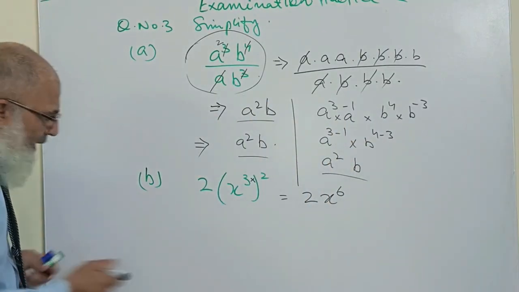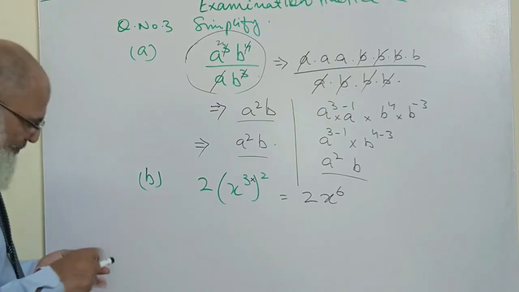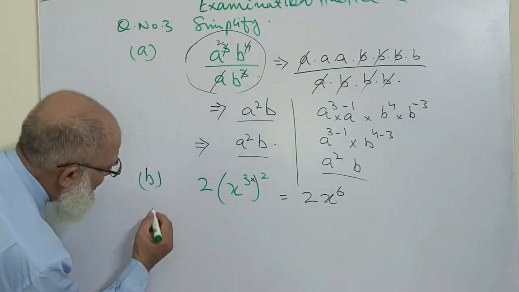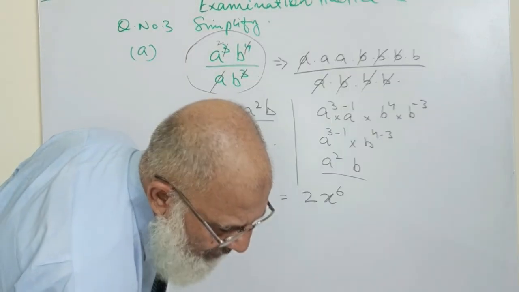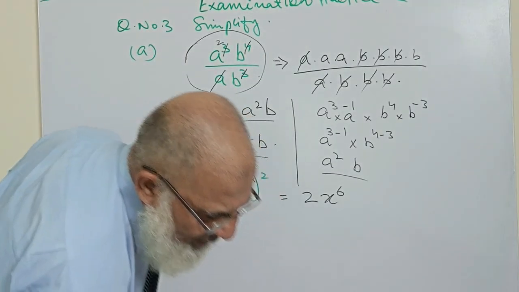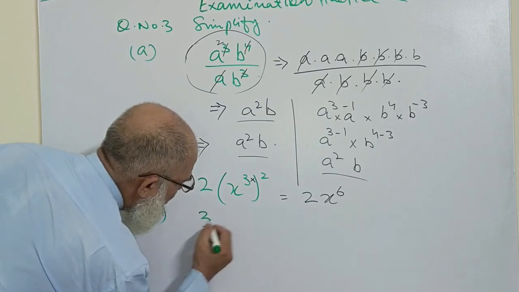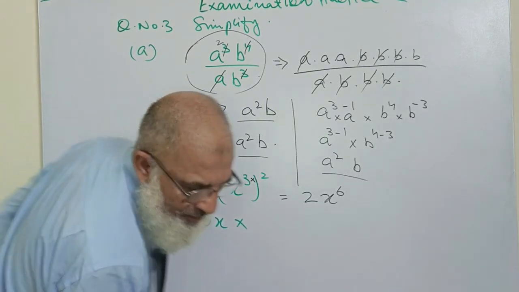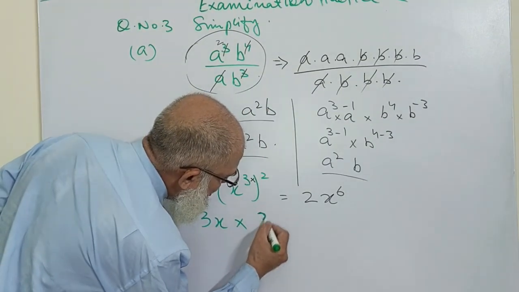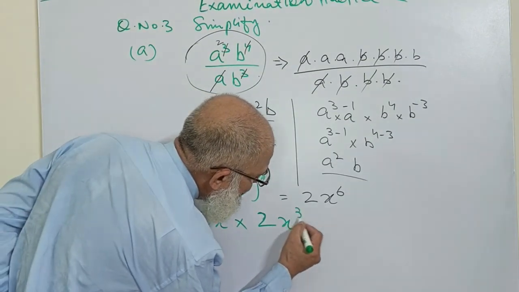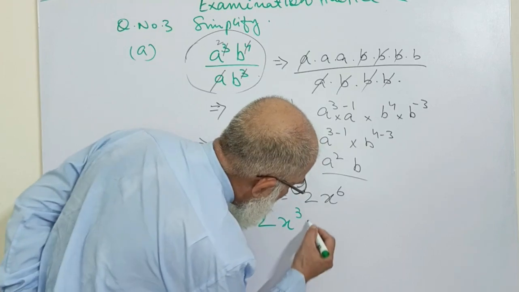Part C. Hope that this will remain visible to you. 3x multiplied by 2x cube y square.